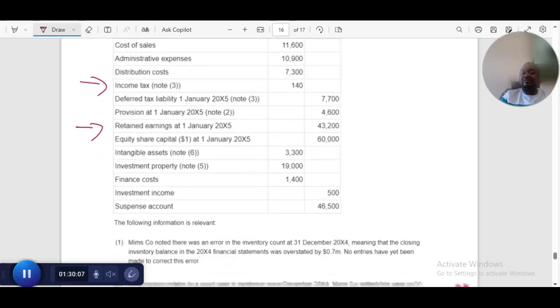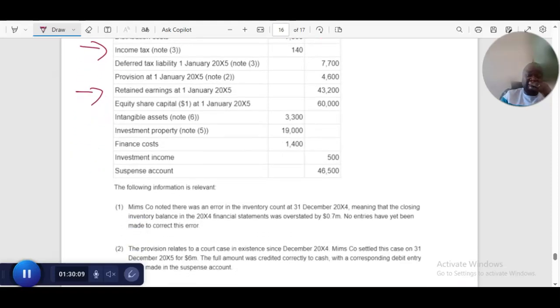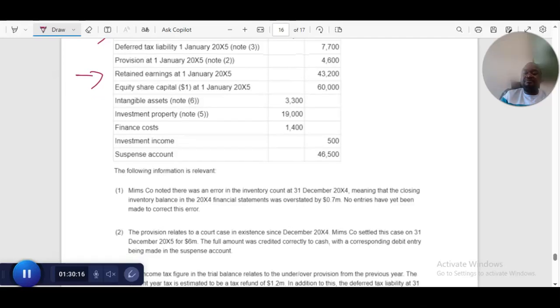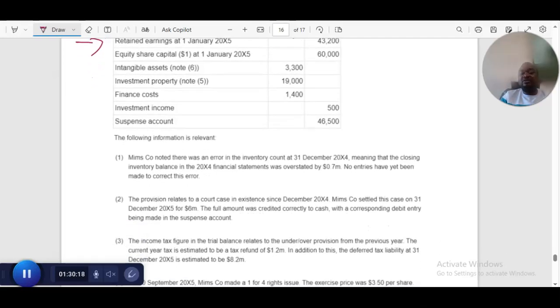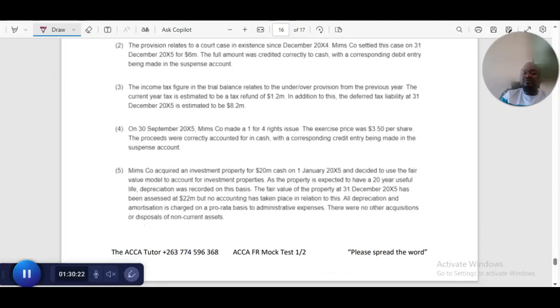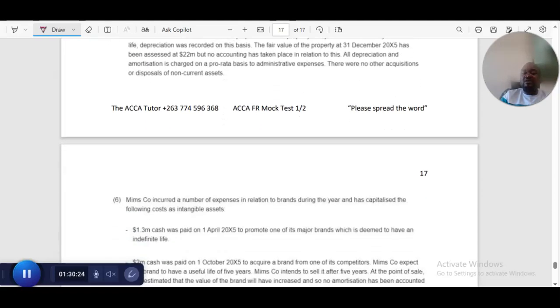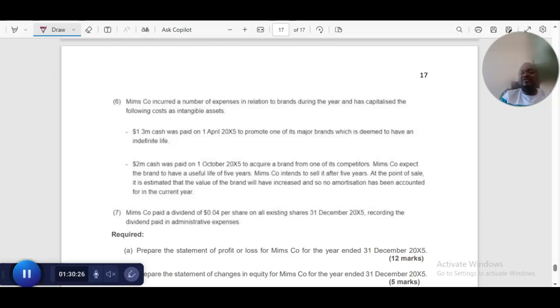Apart from the financials or the trial balance, you'll be given some relevant additional information. So, for example, here we have got notes 1 up to 7. So 7 notes, and you must dedicate at least a minute or 2 per note.